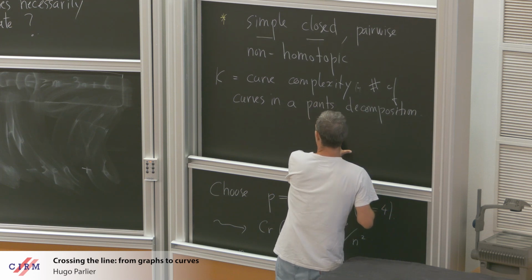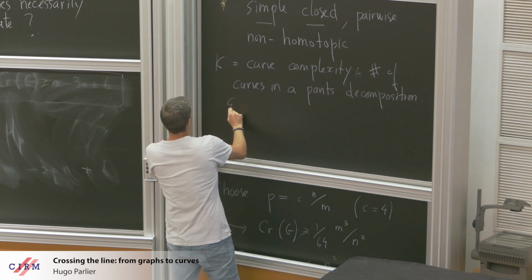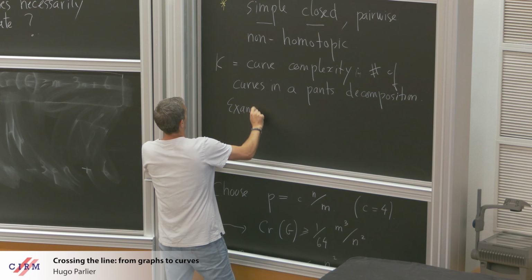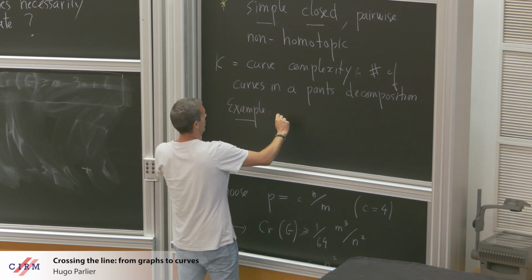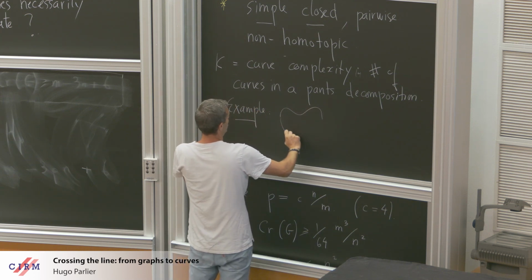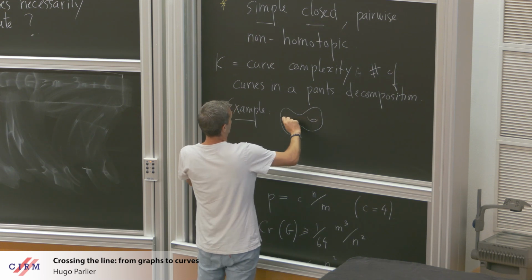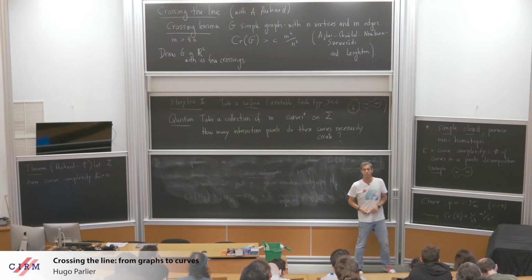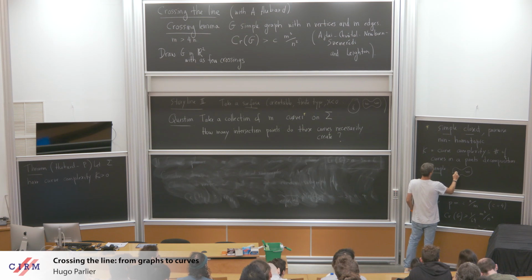So for example, if I take a genus 2 surface, the number of curves I need to make a pants decomposition is 3. The complexity here is equal to 3.